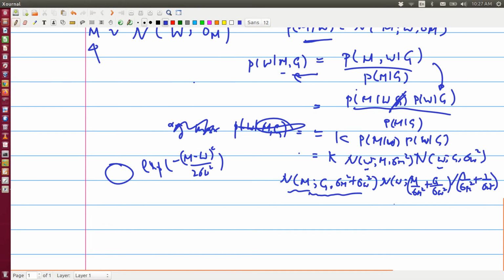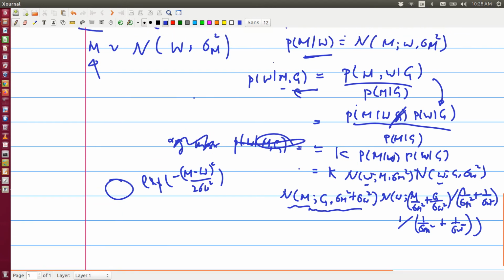And the precision of the result will be the sum of the precisions. So therefore the variance is equal to 1 over the sum of the precisions: 1 over sigma m square plus 1 over sigma w square. Yeah, something like that. So this multiplied by this guy is equal to this guy.